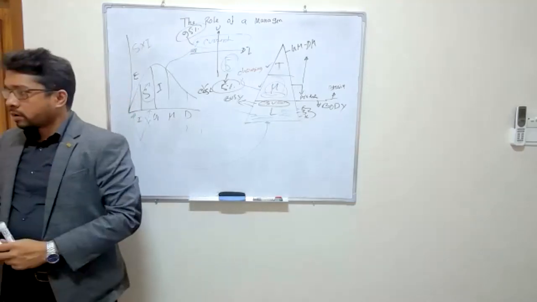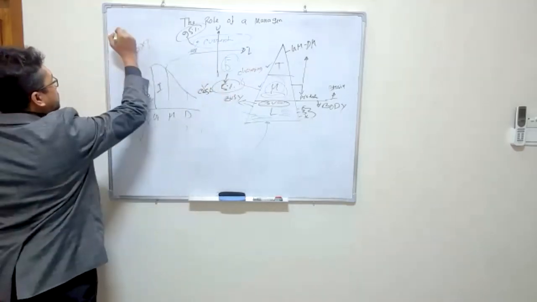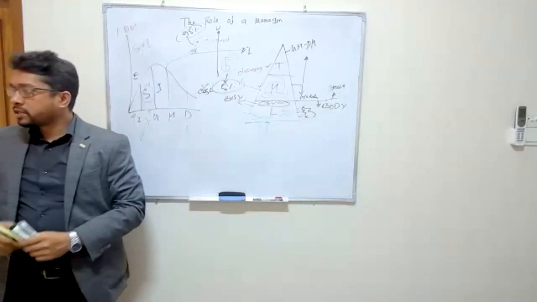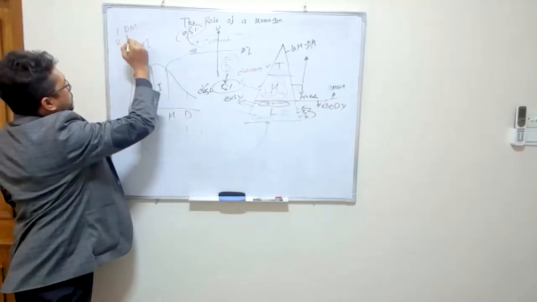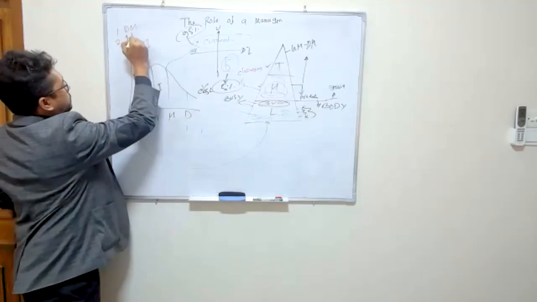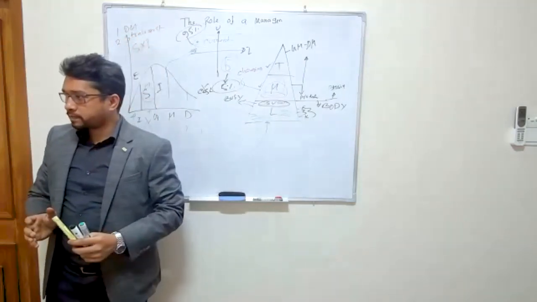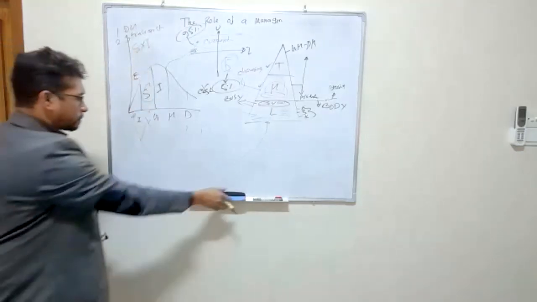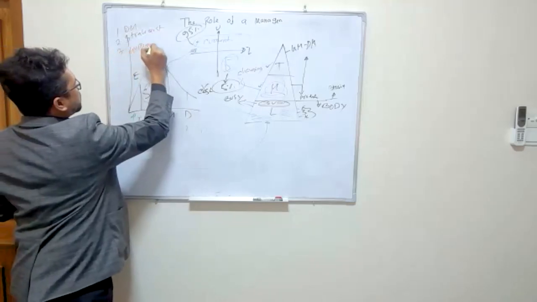So there are three roles of a manager. The first is decision making. They have to be the decision maker. Thereafter, the strategist. Mid-level managers have to be good strategists. And thereafter, implementation.